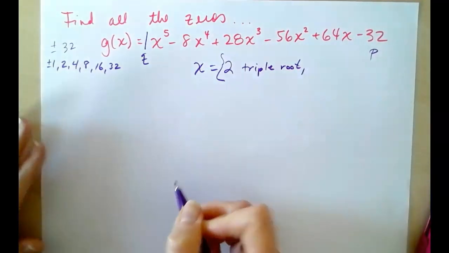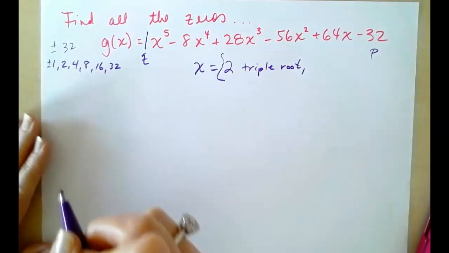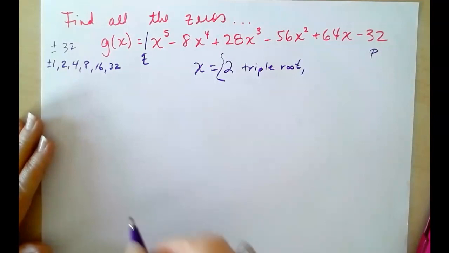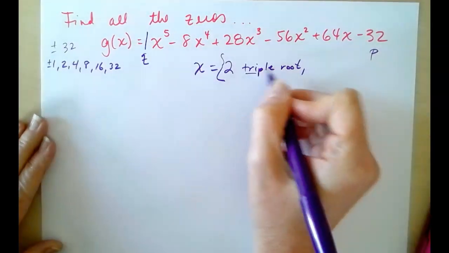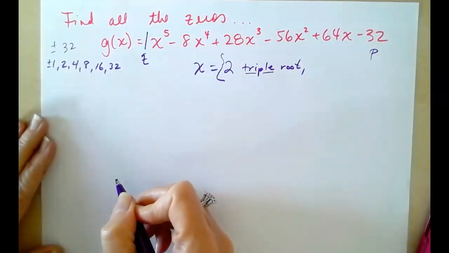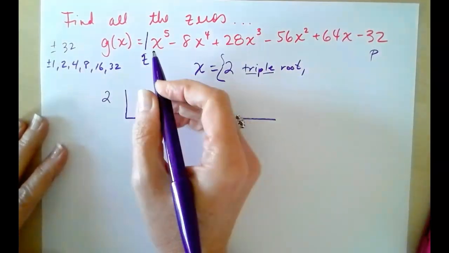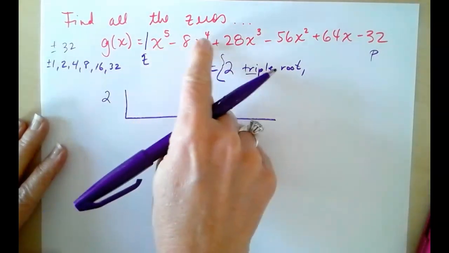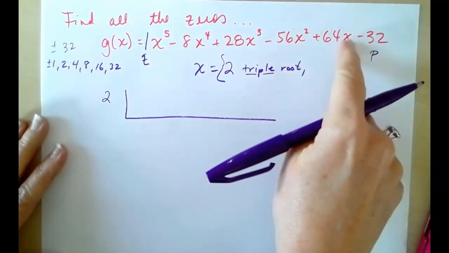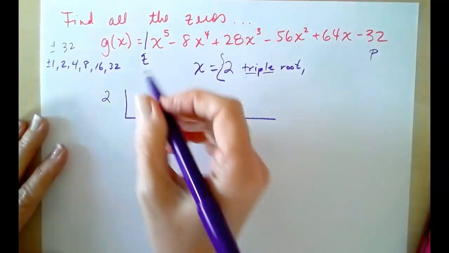So what are we going to do with that too? We're going to depress the polynomial not once, not twice, but 3 times down with this root of 2 using synthetic division. So here goes. 5, 4, 3, 2, 1, none. Every power of x is there.